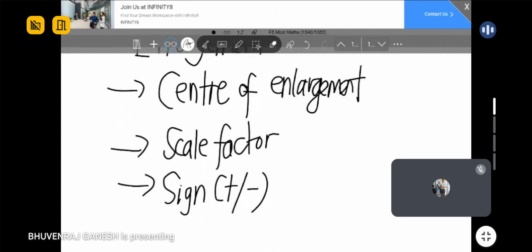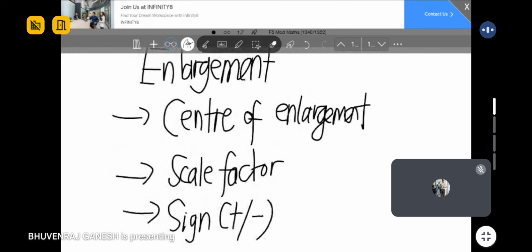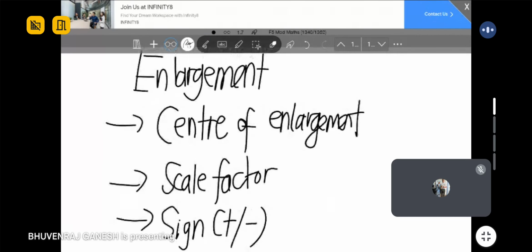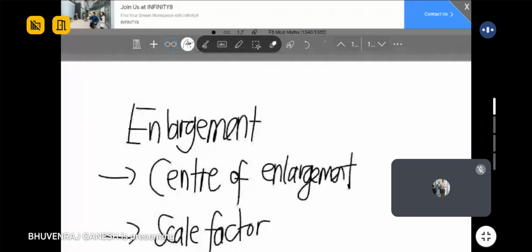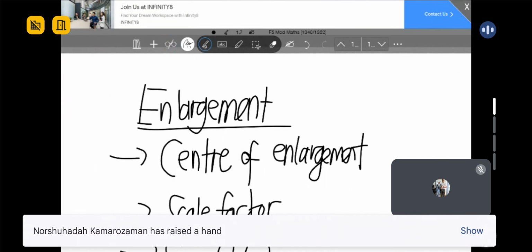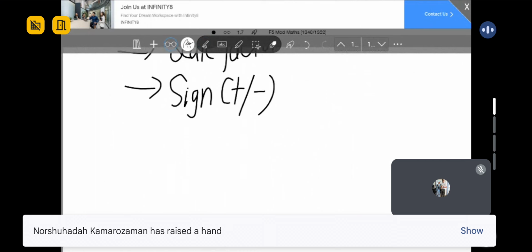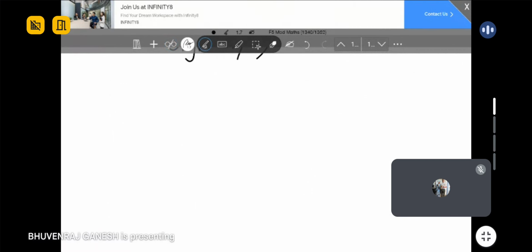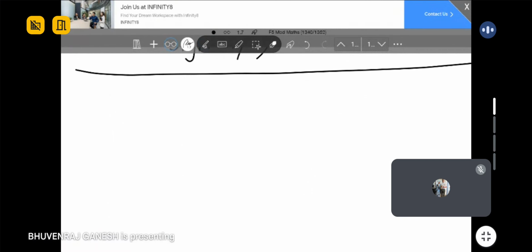So anyone over here struggle in enlargement? Siapa rasa macam struggle bahagian ni? Boleh angkat tangan untuk subtopic ni. Because this one very important for 5.3. Kamu akan gabungkan pengetahuan ni. So ada juga. I show you a very simple concept. Saya lukis wajah untuk kamu.